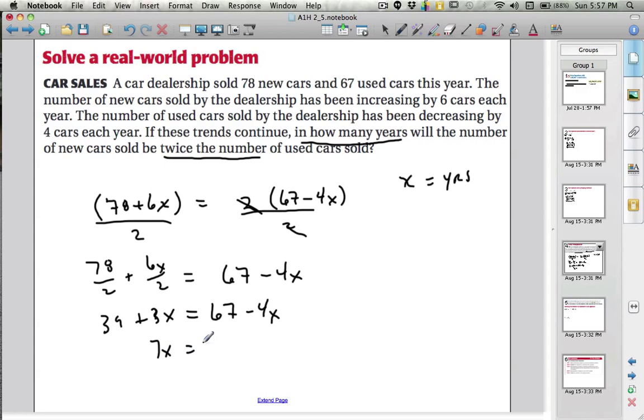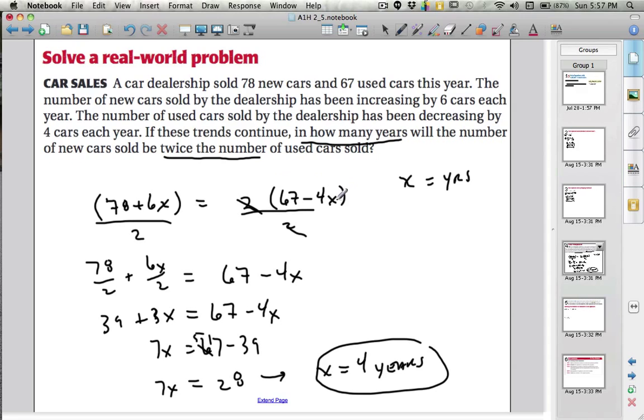And if I subtract 39, so 67 minus 39, 17 minus 9 is 8, and then 5 minus 3 is 2, so 7x is equal to 28. So x will be equal to 4 years.